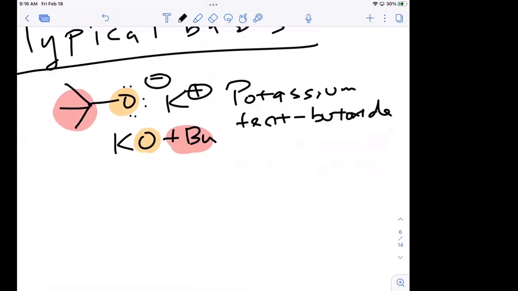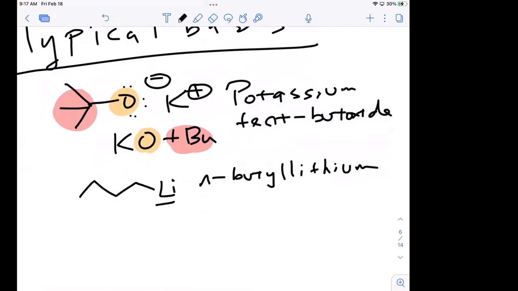Another really good base is an alkyl lithium, n-butyllithium. Sometimes you'll see this written as n-BuLi. The Bu is the butyl, the 4-carbon chain that's here, and then the lithium obviously is the metal.